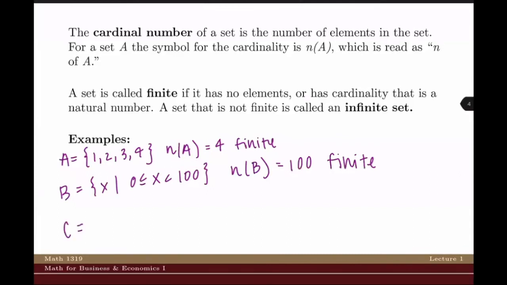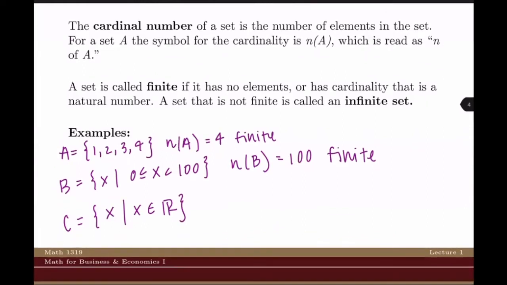Let's consider a third set. Let's say we have the set of all x's such that x is a real number. So I'm using a lot of notation here. We know that this vertical line is "such that." We know that this little e is element.